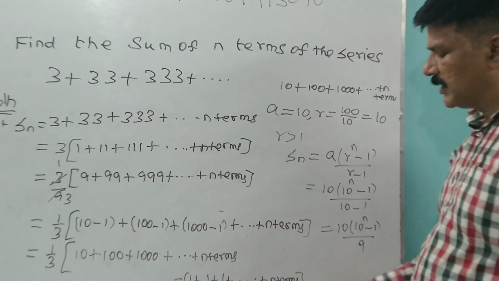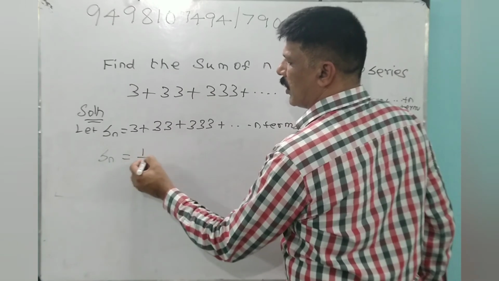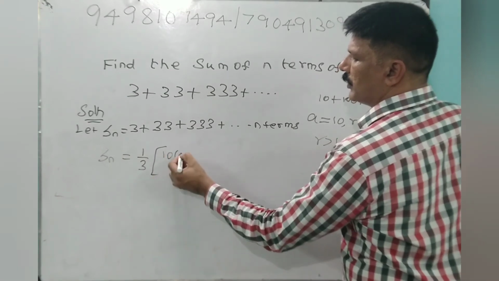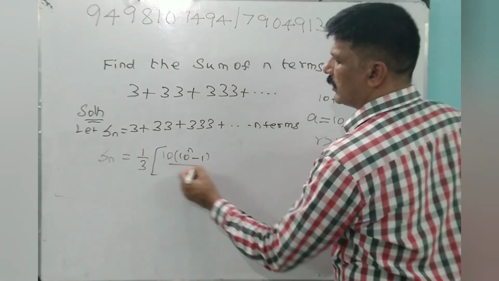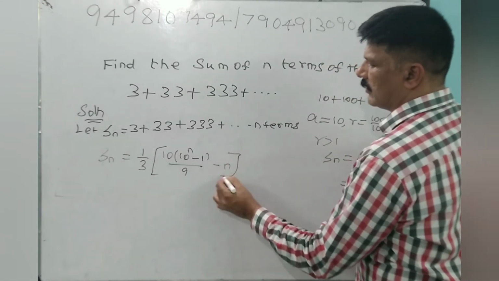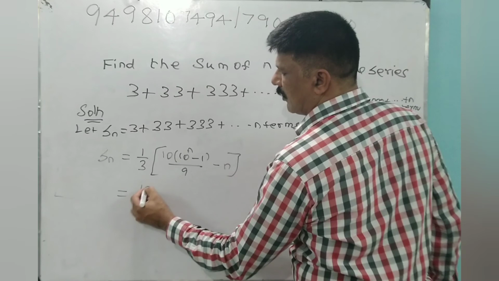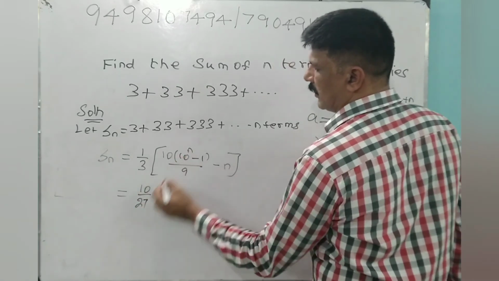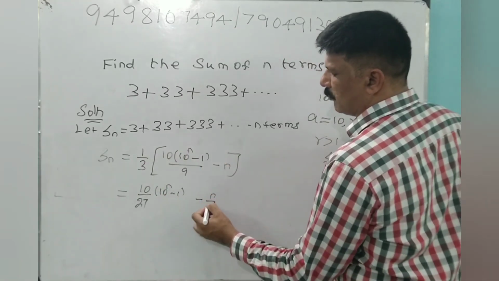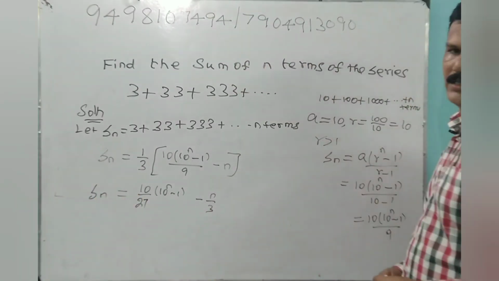So the final answer is Sn equals 1 by 3 into first series 10 into 10 power n minus 1 divided by 9, minus the second answer n. Then we multiply inside by 1 by 3: 10 by 3 nines are 27, into 10 power n minus 1, minus n by 3. This is the sum of n terms of the given series.